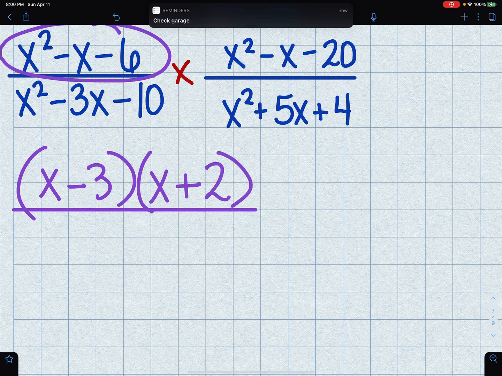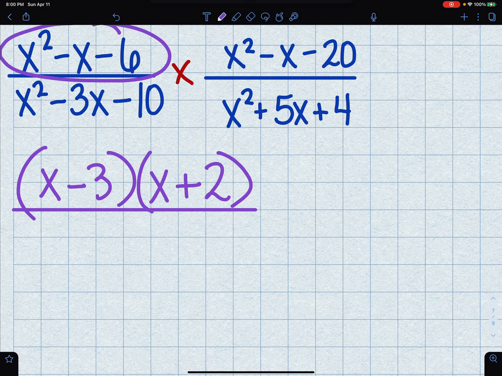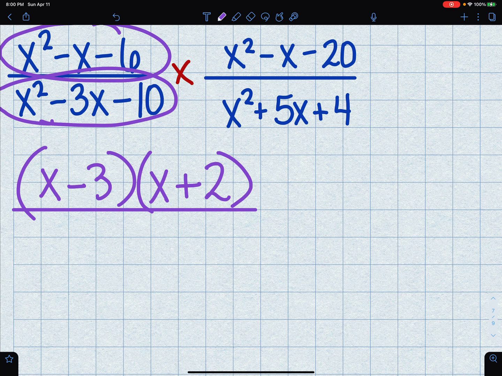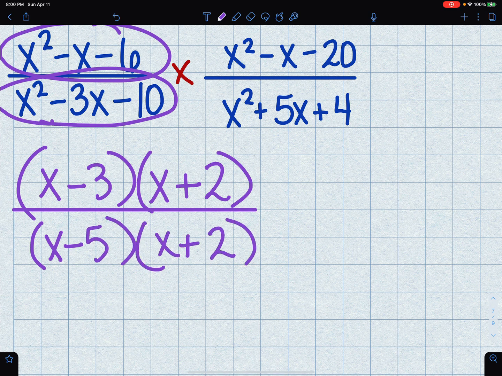But if you have any problems factoring or any questions about factoring, just let me know. Okay, so now I've got to do this one. X squared minus 3x minus 10, we're going to factor that, and we're going to get x minus 5 and x plus 2. I know I'm on the right track because I see things that are going to cancel already.